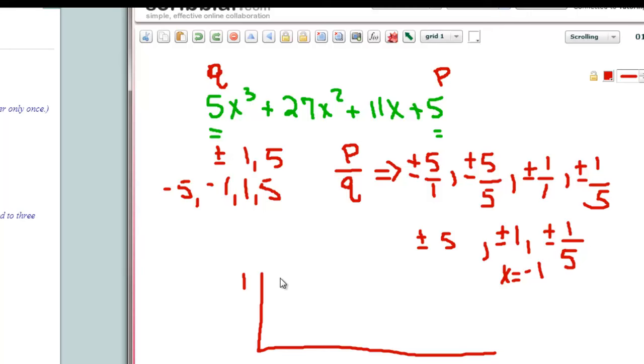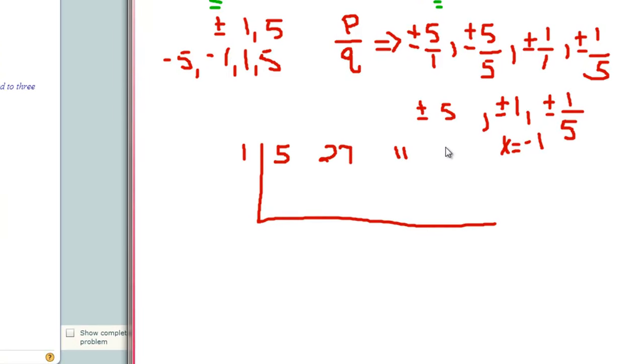Let's put the 5, 27, 11, and 5. Bring down the 5. 1 times 5 is 5. Add those together, we get 32.